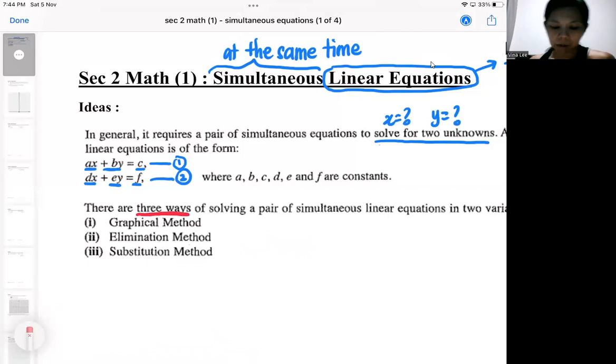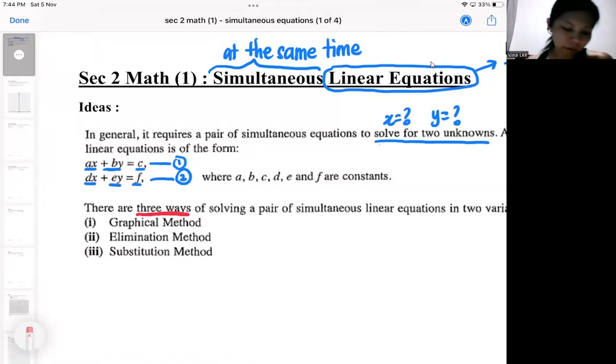No. For one pair of equations, if I do it by three methods, all three methods will come to the same answer. How do you know which method? Later on, we'll discover. Usually they will tell you the method, but if they don't tell you the method, we can choose the method.